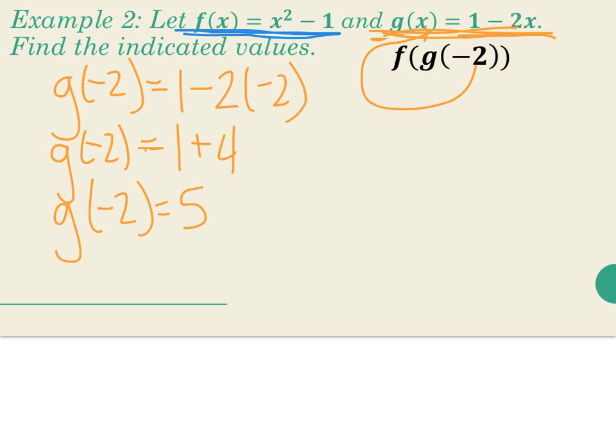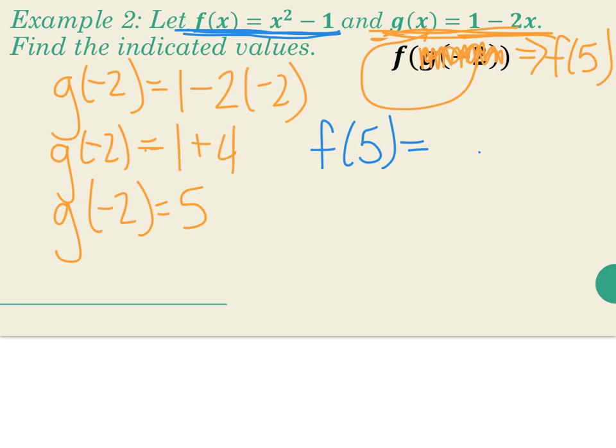Okay, so now instead of g of -2, we realize that g of -2 is 5. So this is becoming now f of 5. So -2 has broken through one layer of the cocoon. It broke through g. Now before it becomes a butterfly, it has to break through f. So we're going to take this function right here, and it says f of 5. I'm plugging that into my function, because the caterpillar's gone through one stage and has become a 5. So we've got to figure out what it's going to be as a butterfly.